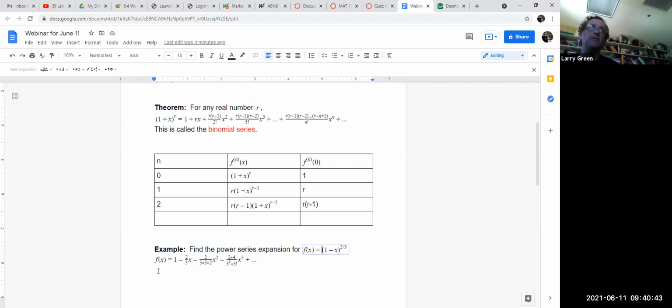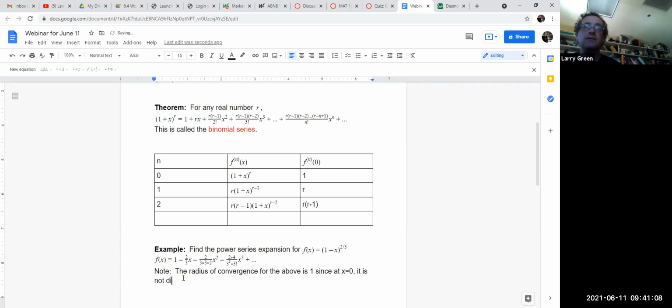So let me know. The radius of convergence for the above is 1, since at x equals 0 it is not differentiable, and it is before 0.